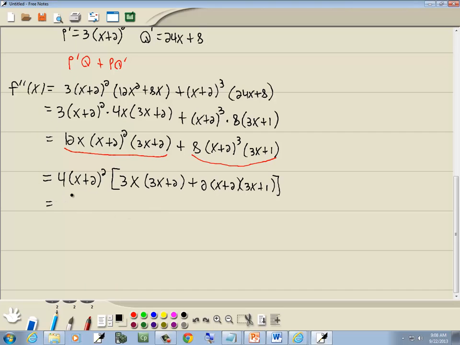So I want to get rid of parentheses, combine like terms, see what happens. So I've got 4 times x plus 2 squared. 3x times 3x is 9x squared. 3x times 2 is 6x. Plus 2, and then x times 3x is 3x squared. x times 1 is 1x, or x. 2 times 3x is 6x. 2 times 1 is 2.